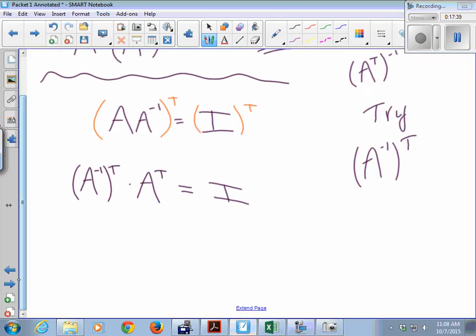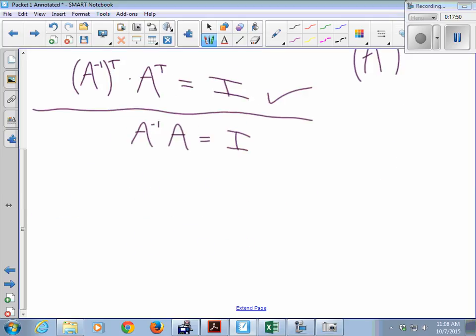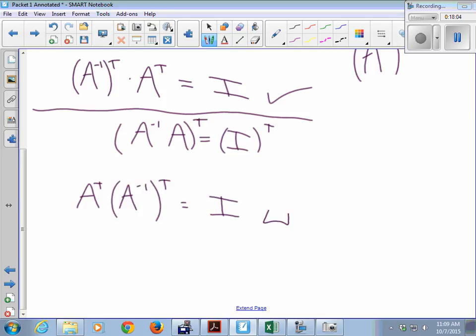Yes, inverse multiplication is commutative. So again, I take the transpose of both sides. This becomes A transpose times A inverse transpose equals the identity. That's what I wanted to show.